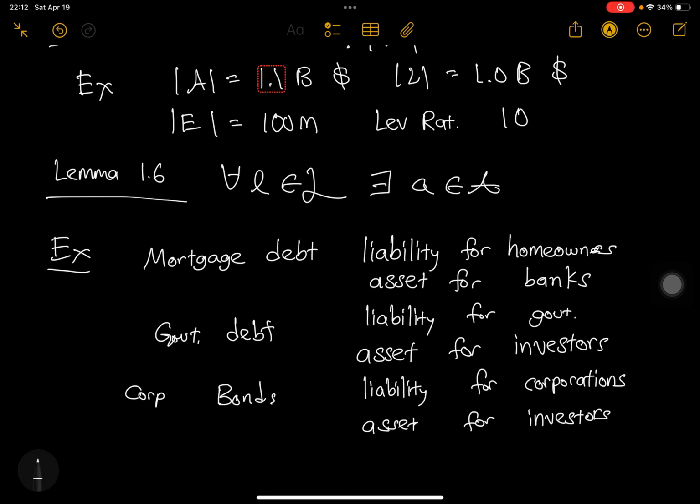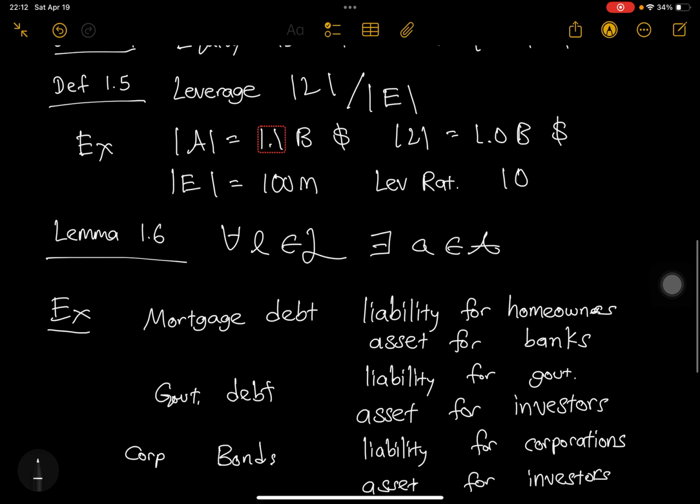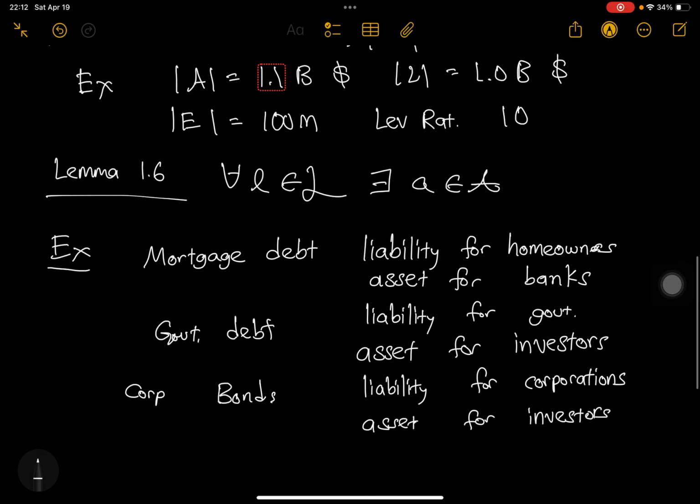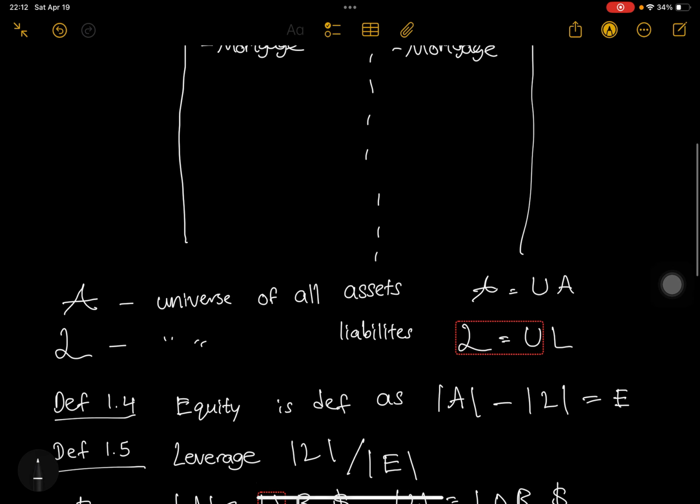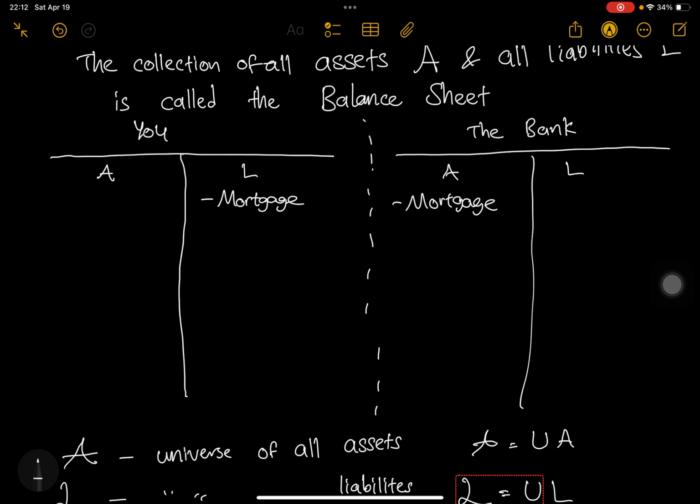Someone is definitionally wealthy. At least someone has a larger asset sheet because of your debt. The reason why I drew it above as two different balance sheets of two different entities is so that the liability side over here matches with the asset side over here.